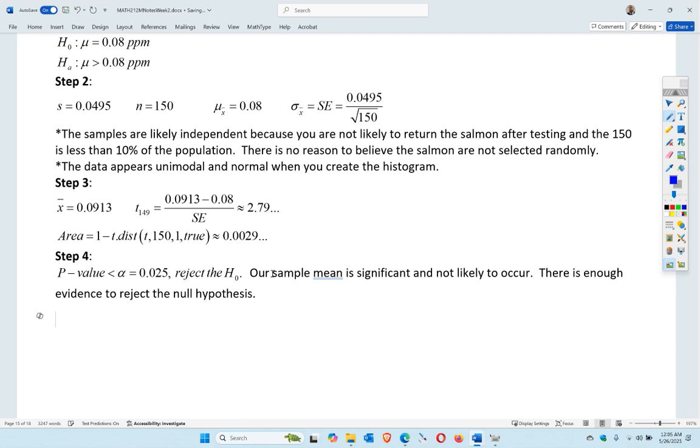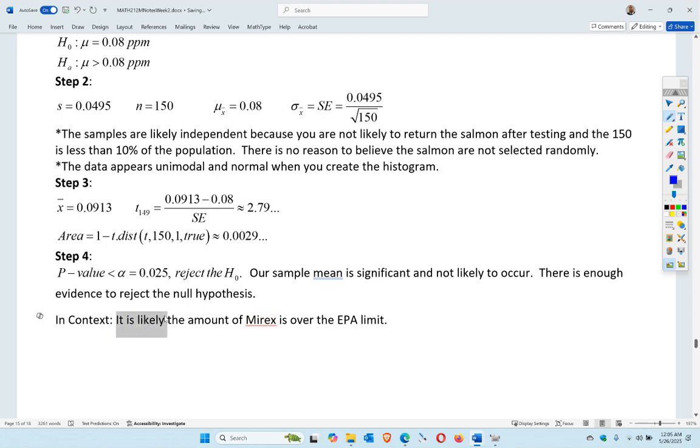Okay, so in context, it is likely the amount of murex is over the EPA limit. So basically you assume that it was not over until you prove otherwise, which we did prove essentially.